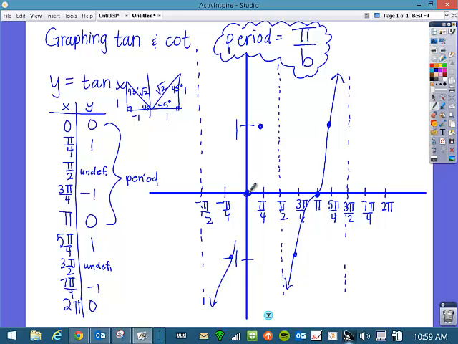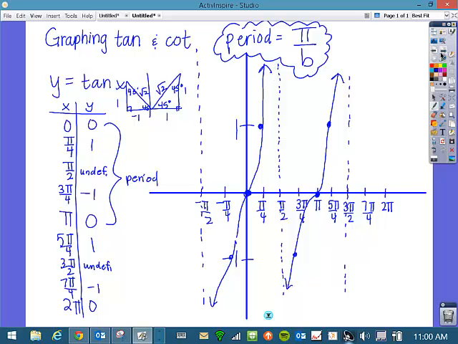So it looks like these little squiggle things. There are asymptotes wherever it's undefined, and to find the period, you're going to do pi over b, not 2 pi over b, just pi over b. So that is your tangent parent function.